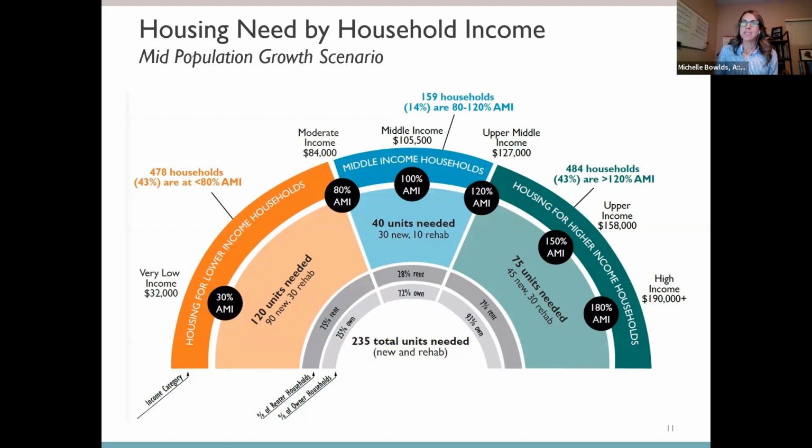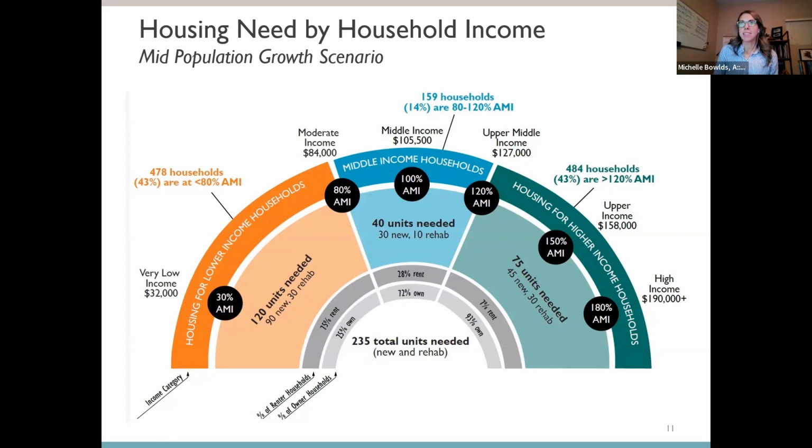Another layer to this graphic is in the gray center area, which is showing a breakdown of our estimated need based on tenure. So you'll notice in that lower income category, there's a higher need for rental product. We're forecasting that 75% of the lower income units would be needed in rental product, and only 25% in the ownership type.